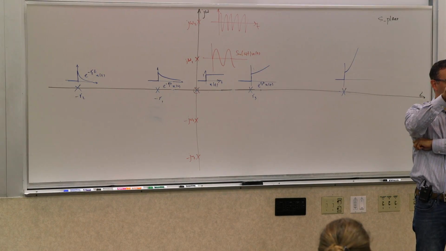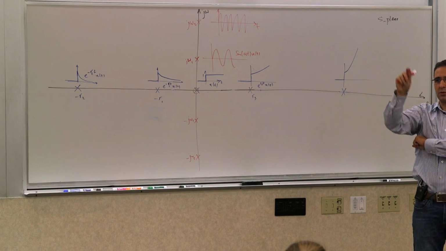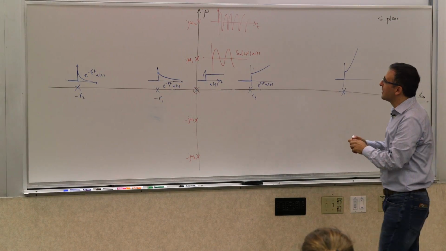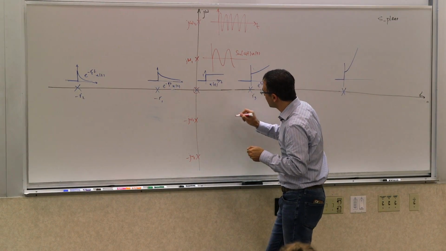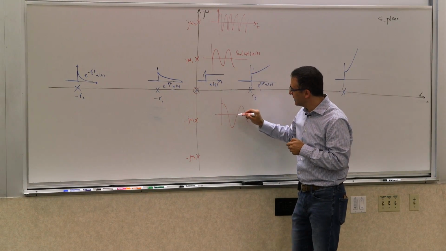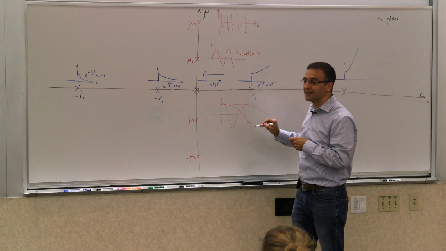That's it, p in the numerator over p squared plus omega squared, right? What does that give you? Cosine, right? So this is a sine. The cosine response looks like this. And as I reduce the frequency, it becomes more like that and more like that.